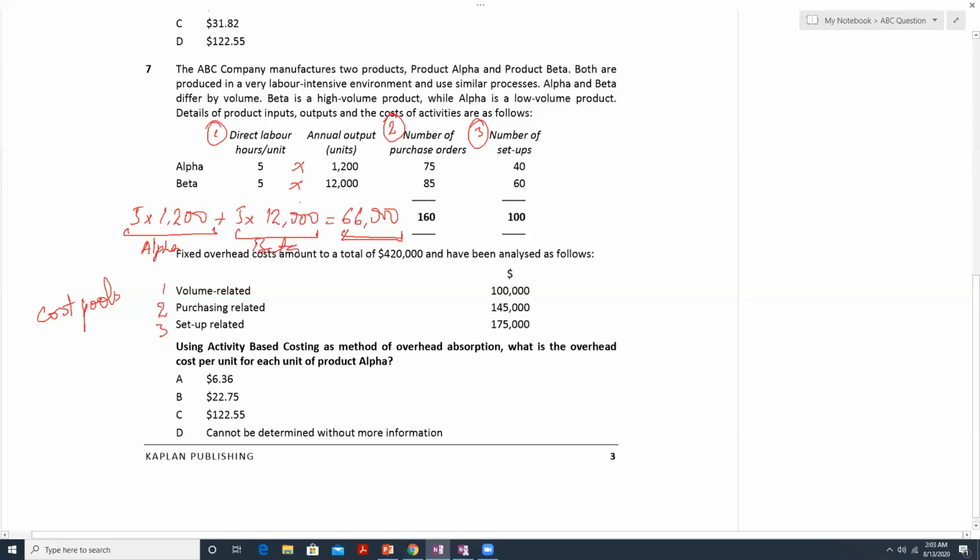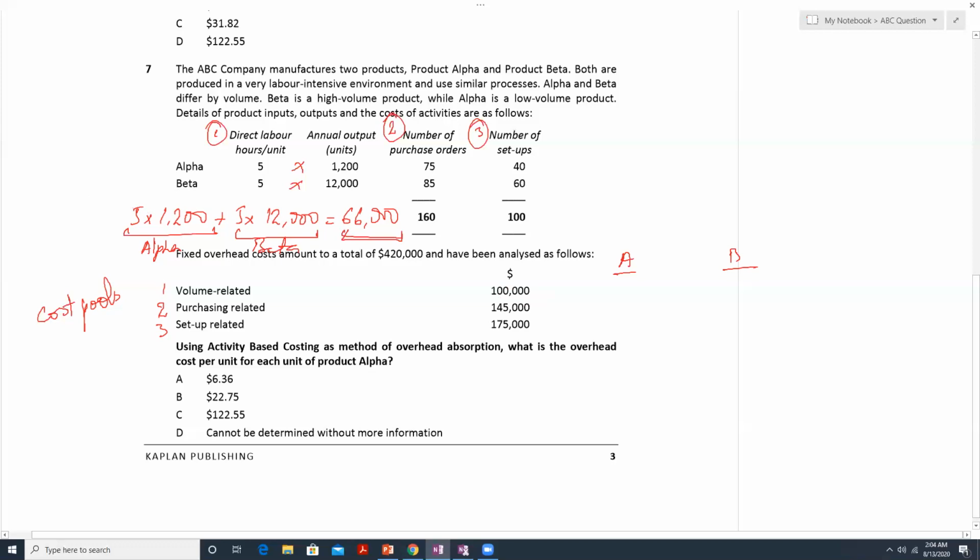Moving forward, I need to allocate these volume related overheads to alpha and also to beta. 100,000 is the volume related overheads. If I want labor hours for alpha only, how many labor hours are directed towards production of alpha?